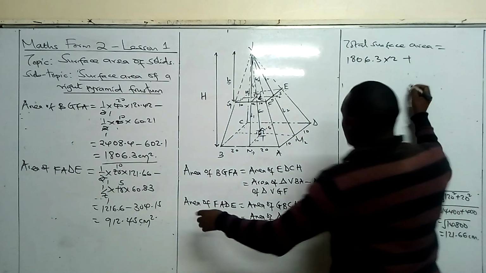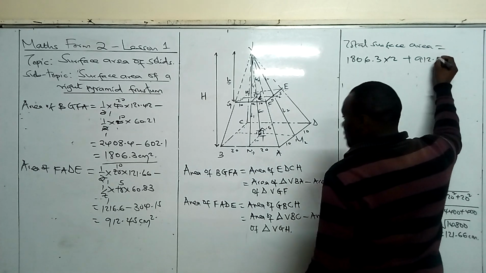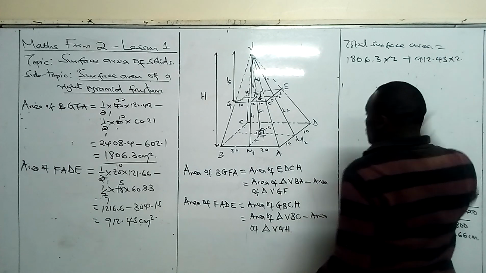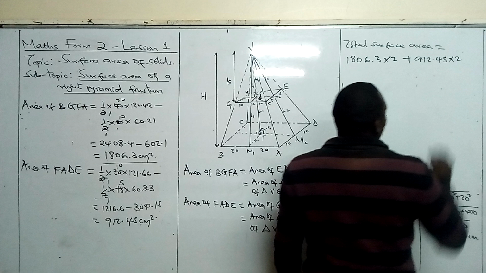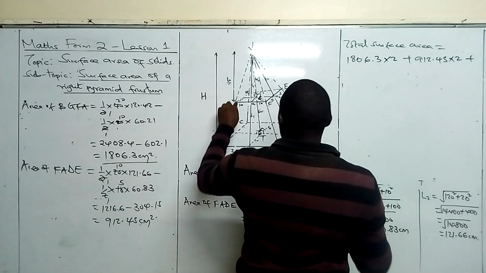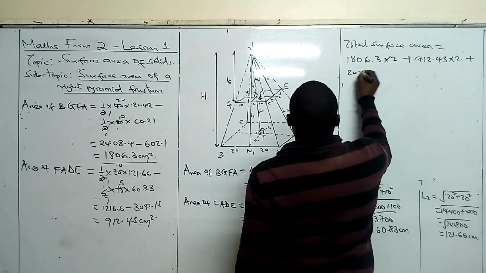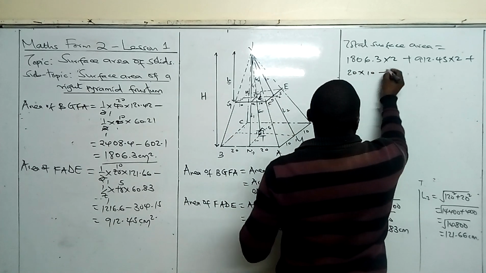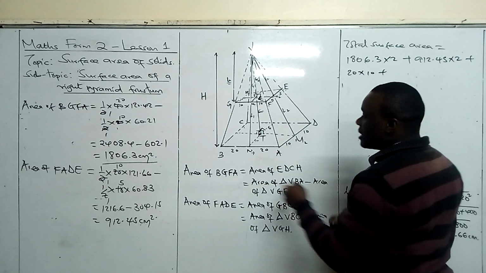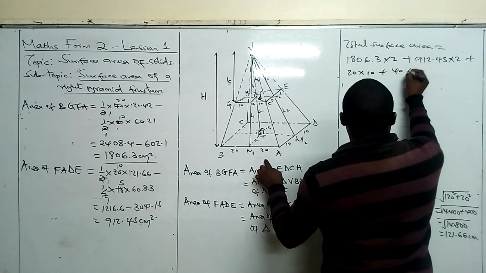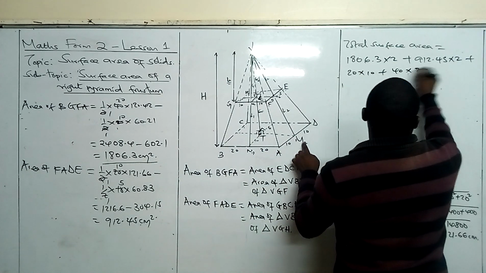Then we add 912.45, and we multiply by 2 for another opposite face which is equivalent. Then we add the area of the top, which is 20 times 10. Then we add the area of the base, which is 40 times 20.